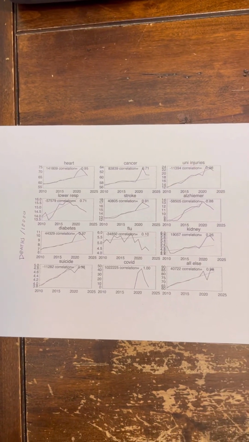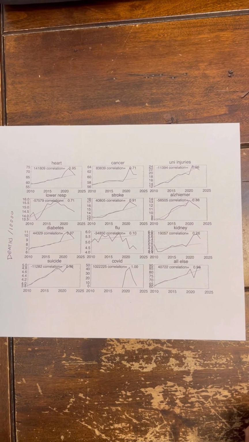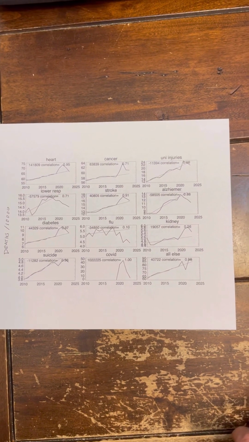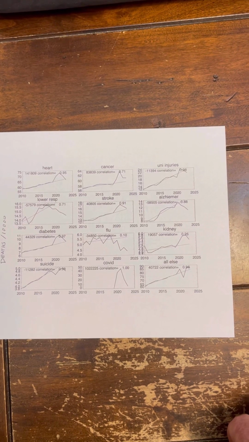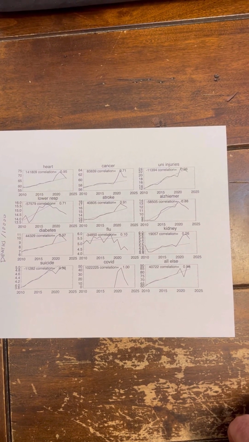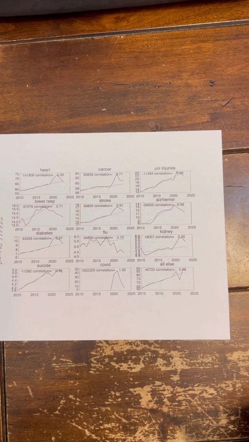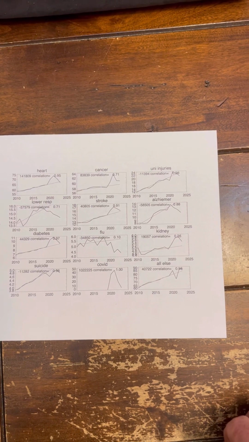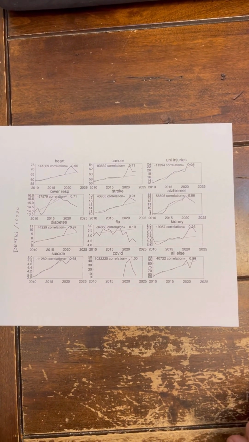Okay, here's a graph of deaths broken down by different categories. You see you got heart and cancer and unintended injuries and so on. We do the same thing here. We take the actual deaths and we fit a line to the data prior to 2020 so that we can get an estimate of what we think deaths would have been in 2020, 2021, and 2022 had COVID not been a thing.